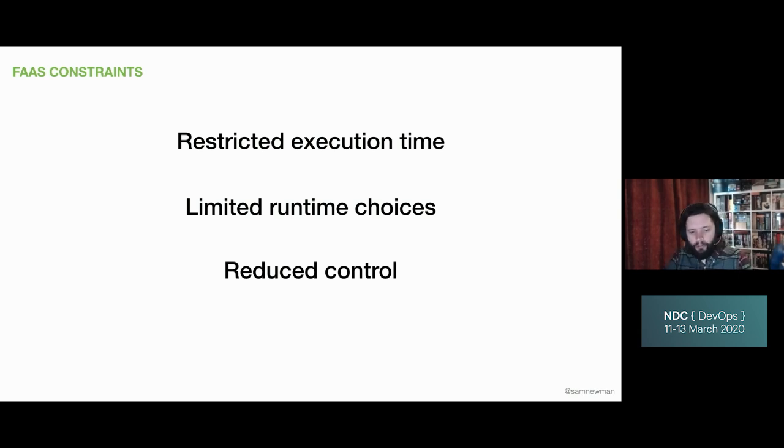From an operational point of view, the only thing you really get to control is what code gets run, what causes that code to get run, and how much memory my function has. And that's kind of it. You can't do anything to configure the underlying operating system or anything else. And also, these functions are typically considered to be pretty much stateless.